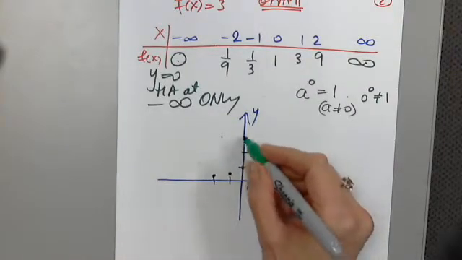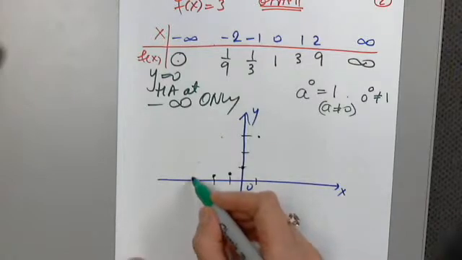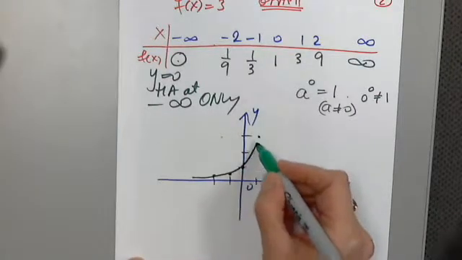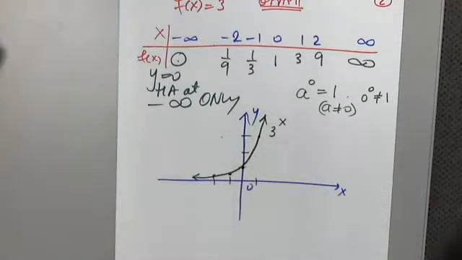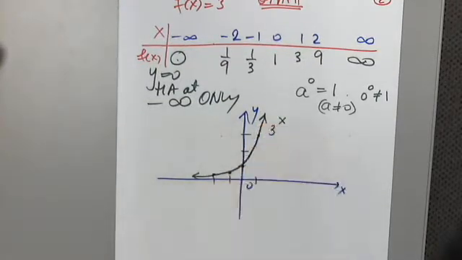Very good. And so on and so forth. This is 3 raised to x, the exponential function. Any exponential function with a base greater than 1 will look like this one. Not exactly the same points, but it will have the same shape.